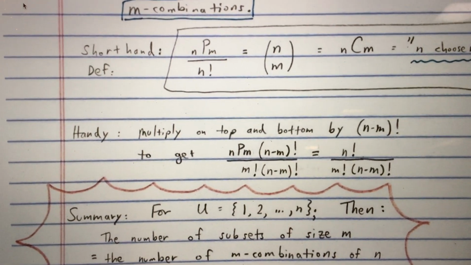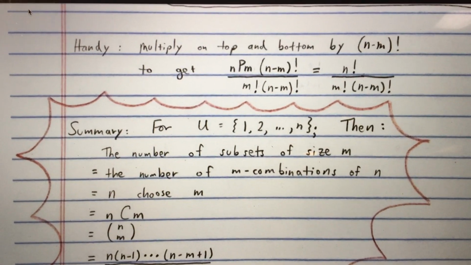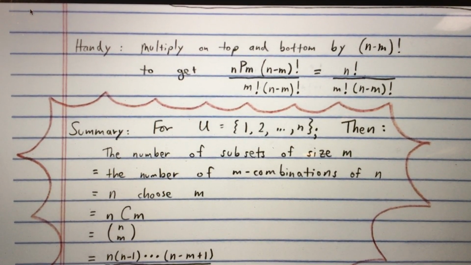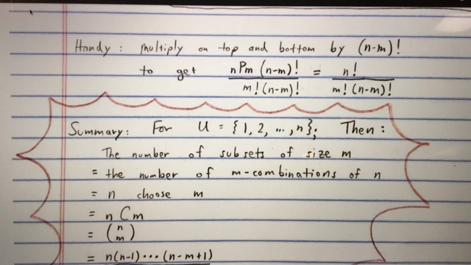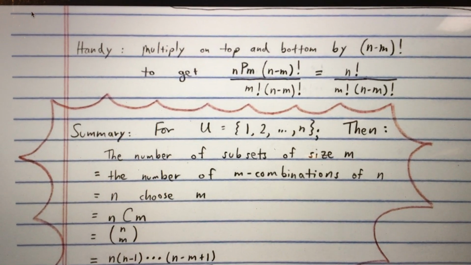Alright, now I need to summarize, because there's a bunch of ways of saying the same thing here. Historically, just from various people inventing it, calling it different things, there are some nice synonymous ways to describe it.